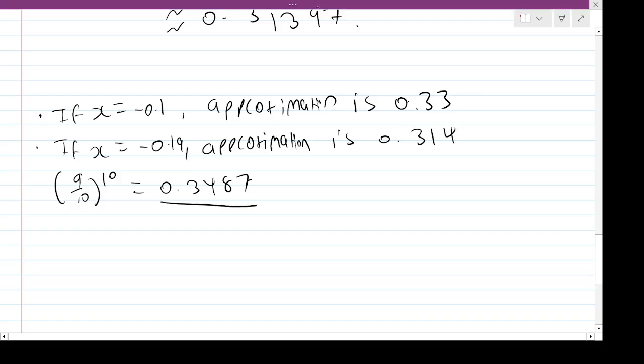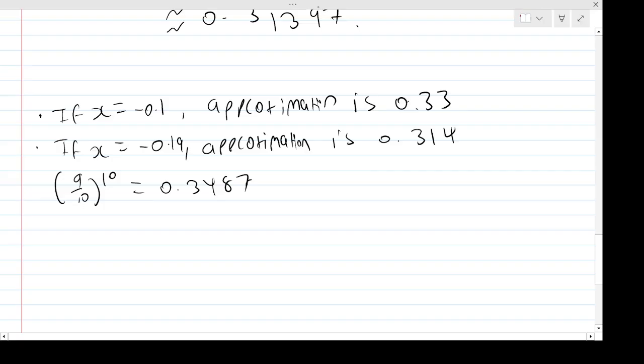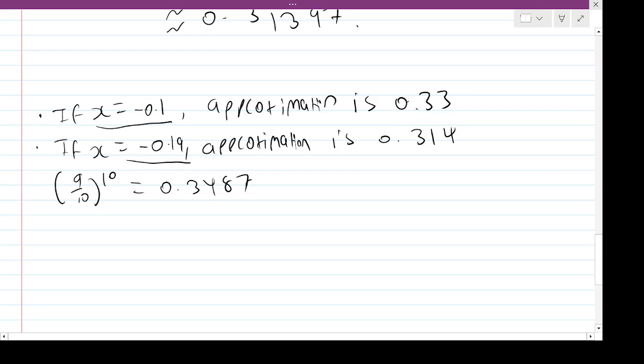Now again, why are we getting different approximations, and as a result, can we find a way to pick and find better approximations to the value? Well, the answer to that is yes. But how exactly? Try and look at these numbers of x we picked. When it was minus 0.1, we got a better approximation than when x was minus 0.19.